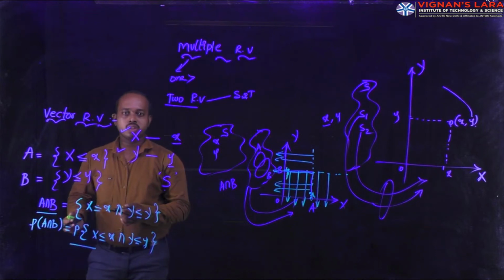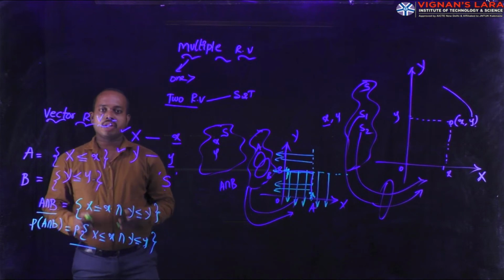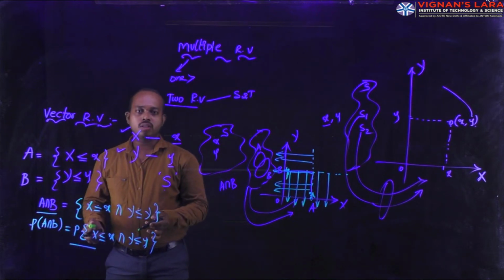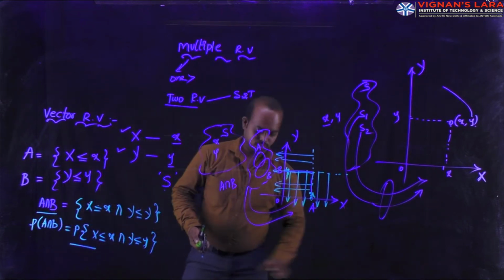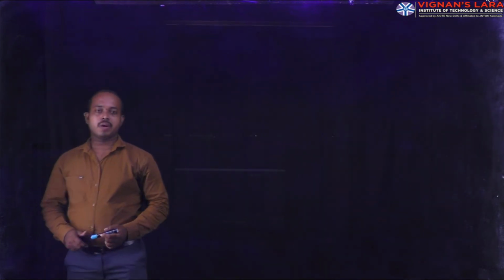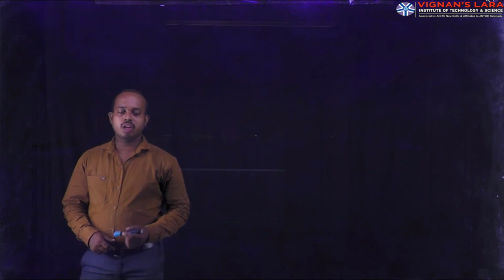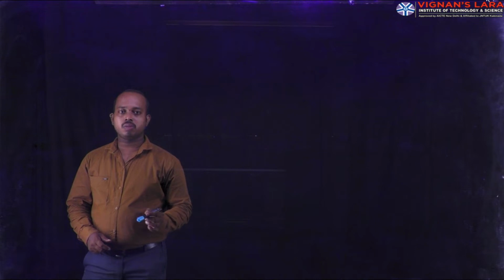When applying the probability to a joint event, we call it the joint distribution function.